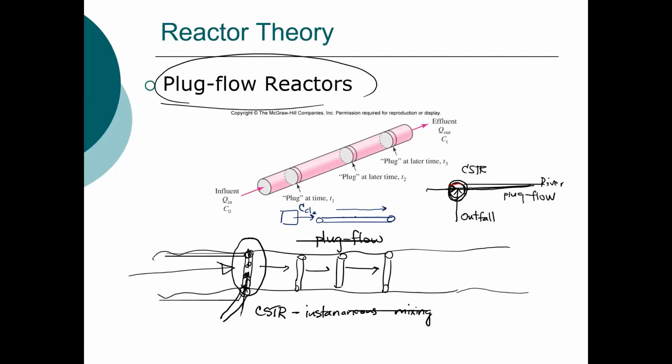So this here is going to move downstream as a plug. And if there's a reaction, it is occurring within the system. So we're assuming no mass enters or leaves this plug. Does that help?